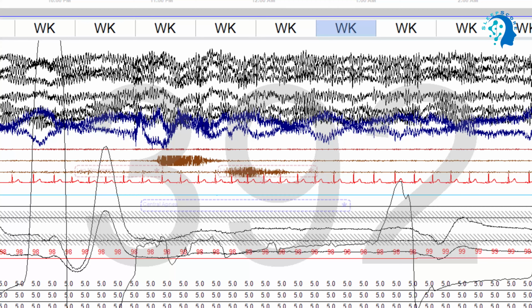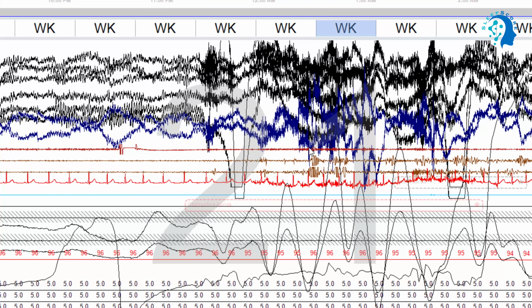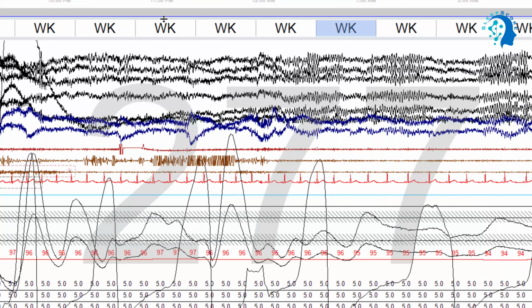This is 2K. In 2K you can see clear zigzags, but in 5K it is all artifacts. There is more thickness. This is 5K. You can see cleaner waves, right?